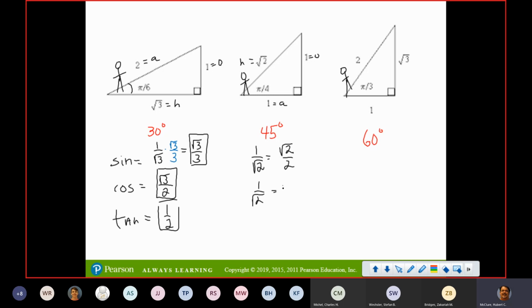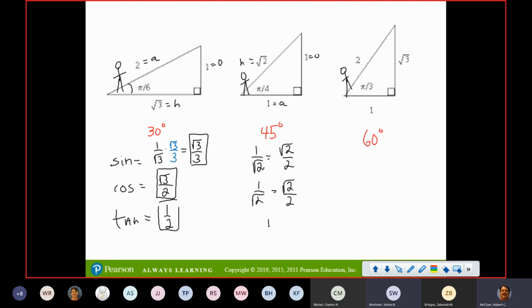And of course, you get the same thing. Of apple, 1. Now, of course, the reciprocal of 1 over 1 is 1. So the tangent and the cotangent are 1. And then you would flip the others and rationalize accordingly.